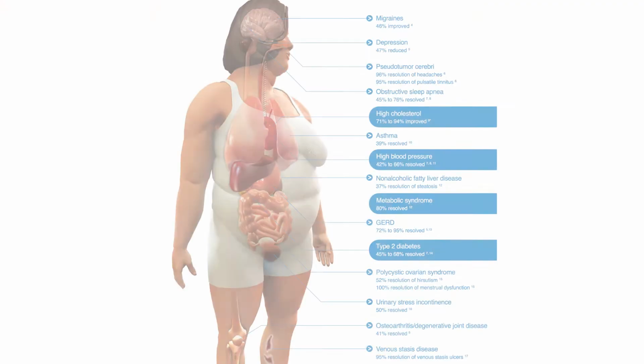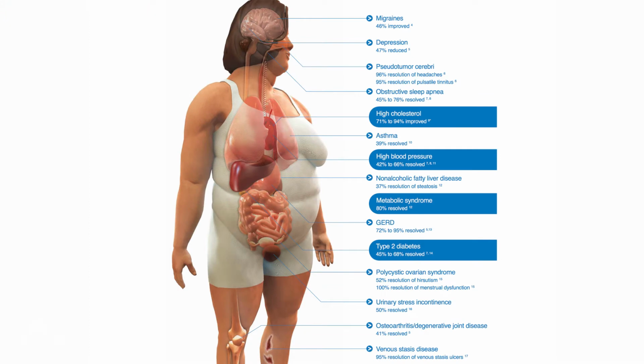But obesity is not only carrying extra weight or body fat. Many diseases go hand in hand with obesity, and these diseases affect nearly every organ system in the body. In this diagram, you'll see how many organ systems are touched by obesity. You'll recognize some familiar diseases like obstructive sleep apnea, high cholesterol, high blood pressure, heartburn, diabetes, and degenerative joint disease affecting the knees and hips.